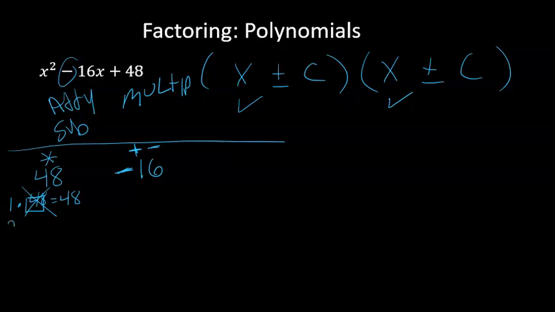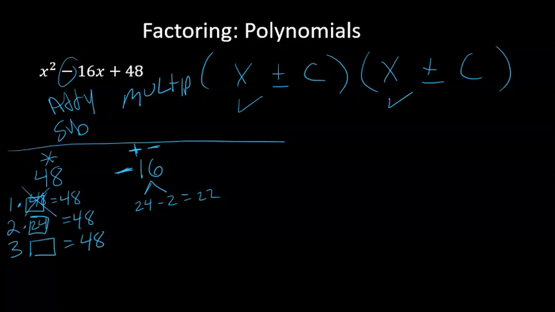What about if I did 2 times a mystery number to give me 48? I think the closest I could get is 24. But if I did 24 minus 2, that gives me 22. I'm getting a little bit closer, but I'm really still too far away from 16. I have to keep going. What about a 3? 3 times a mystery number to give me 48.